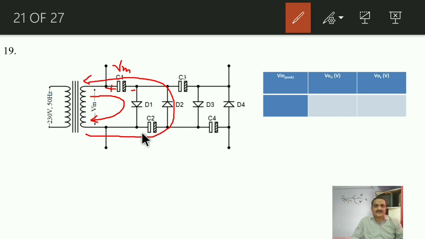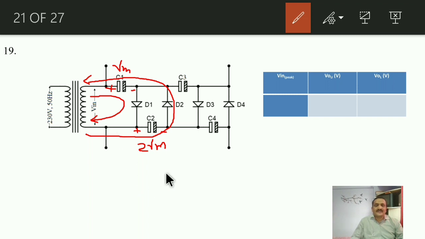Right? Now the potential across this capacitor C2 is equal to the energy stored by Vm plus input, that is Vm plus Vm, so it will be equal to twice of Vm. Okay. Now the current again will not flow through D4 because again of the minimum resistive path like this.